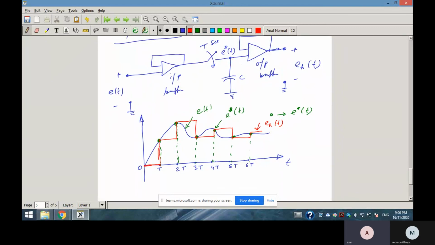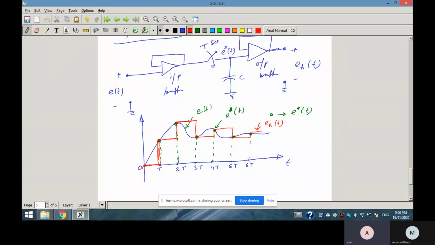This is 0, then this much, and this voltage will be held here till the next level comes. Here the initial voltage was 0, so this voltage will be held till the next value of voltage comes, and like this.